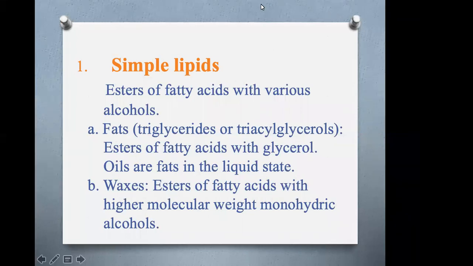So the answer is here in this slide. Triacylglycerol is composed of simple lipid. This type of MCQ can come in your exam. So don't worry, don't hurry. Just pick up the important points from the slide, from the book, and note them. MCQ number one, triacylglycerol is composed of simple lipid.